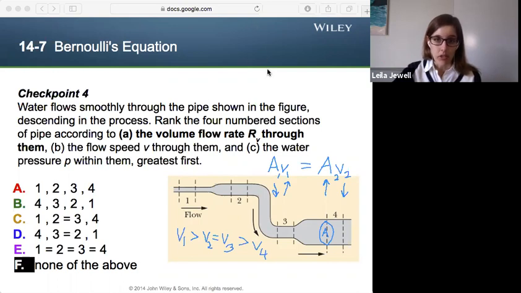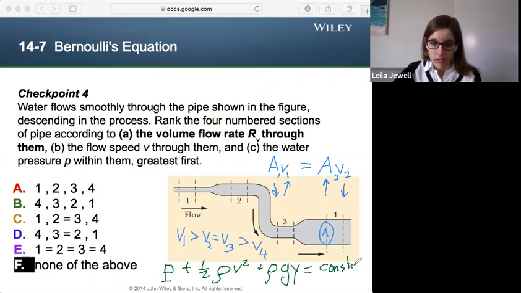So that gets us back to Bernoulli's equation that says that the pressure at one point plus our kinetic energy density, 1/2 density times V squared, plus our potential energy density, rho Gy, that these have to be equal to a constant. All right, so we're trying to figure out the pressure, and so we know it's going to counteract whatever happens with the velocity and with the y.